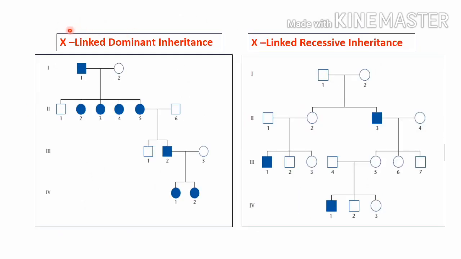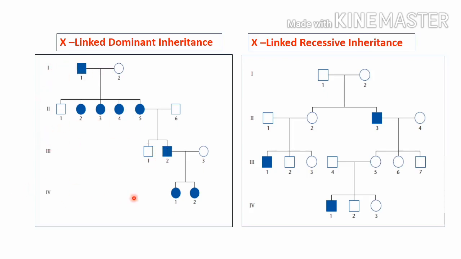This chart shows the X-linked dominant inheritance, and this shows the X-linked recessive inheritance that pedigree analysis shows. Here are the first, second, third and fourth generations. As we know, a dominant allele expresses itself in either homozygous or heterozygous condition. So in the dominant condition, this allele will express itself in every generation.